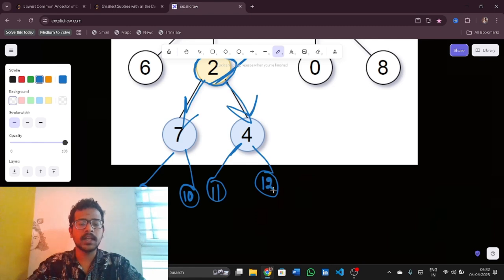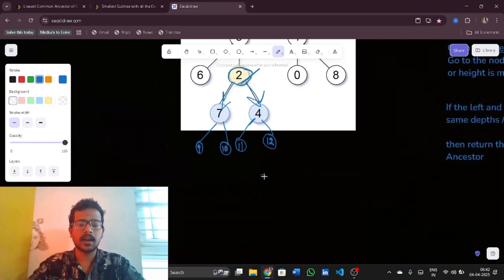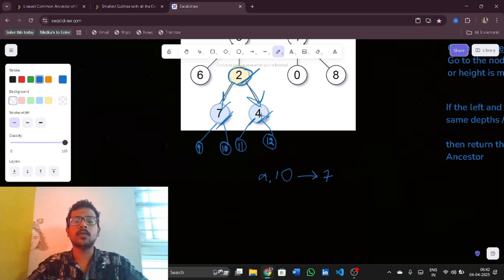Now, the leaf nodes are 9 and 10. The parent for 9 and 10 is 7. But if I return 7, then I am missing 4, right? 11 and 12 are also at the same depth and are also leaf nodes. Why should I miss this 4?